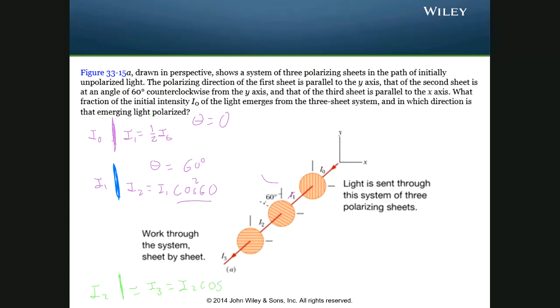What is theta going to be equal to in this example? 30 degrees. Very good. Because remember, it's the angle from the previous polarizer, not the total angle from the initial.